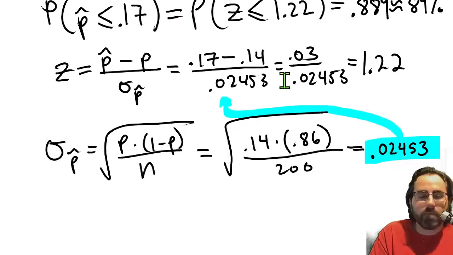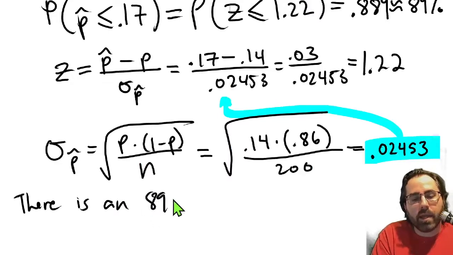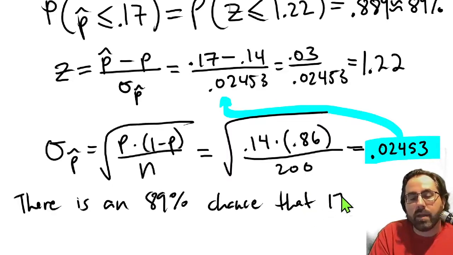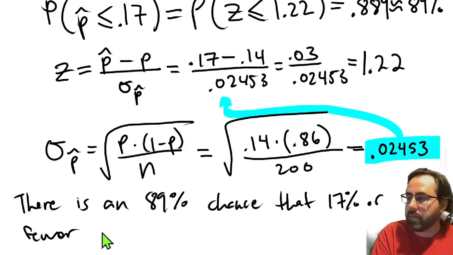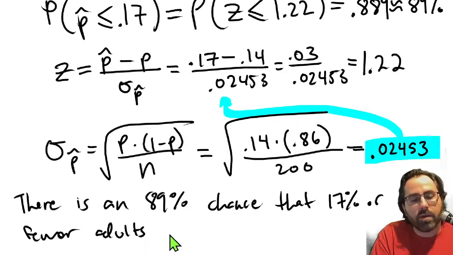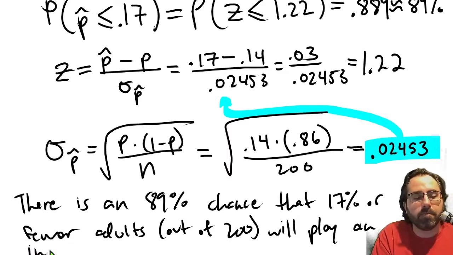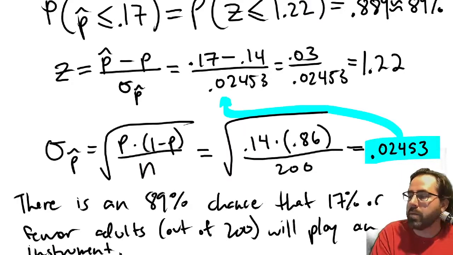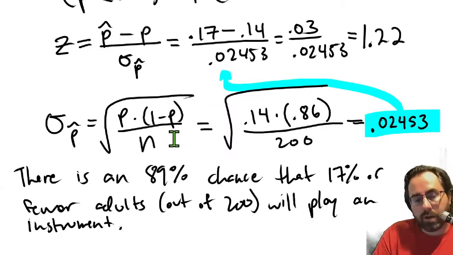So there is an 89% chance that 17% or fewer adults out of 200 will play an instrument.